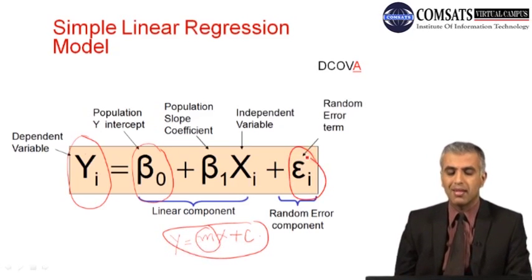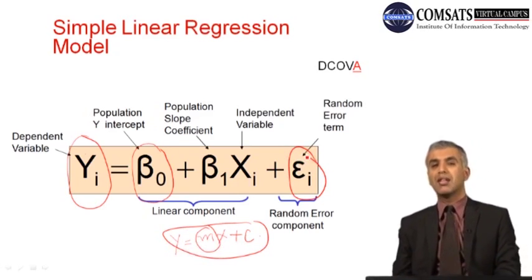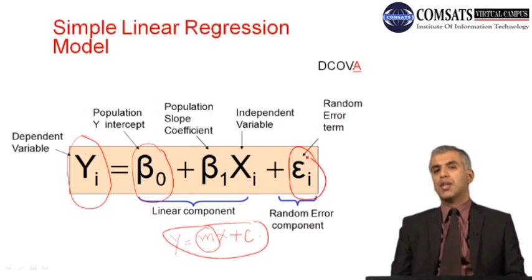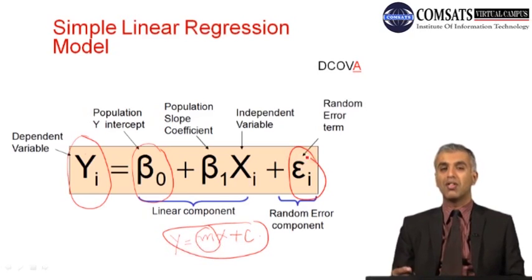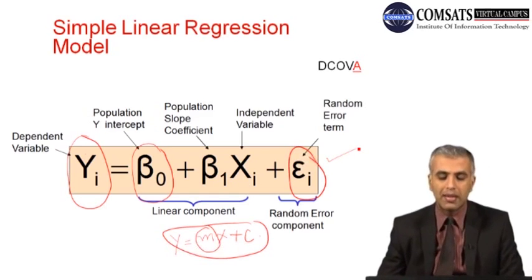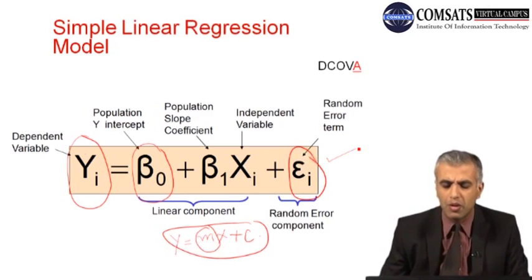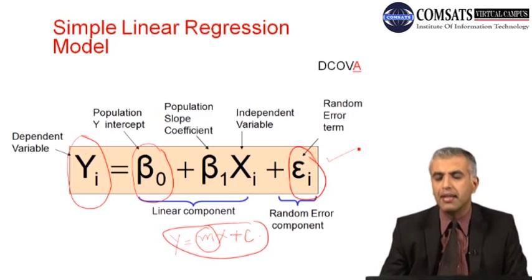So in this case, it is pretty much evident that we cannot exactly predict the dependent variable, and there would always be the concept of an error term. This whole equation has been derived from the concept of a line.